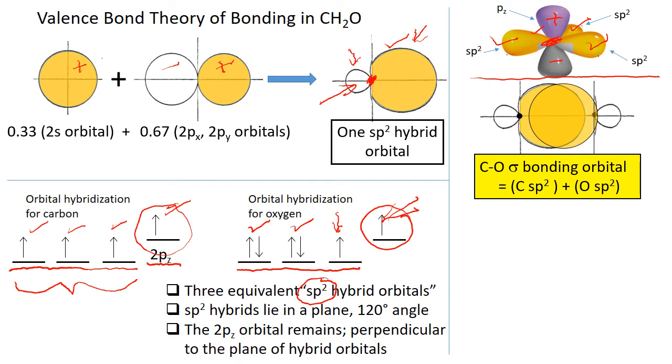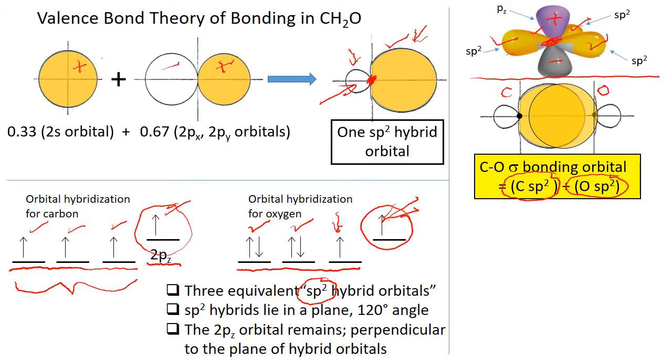I have first a single bond, which is formed by combining one of the carbon sp2 orbitals overlapping with one of the oxygen sp2 orbitals. That overlap means that these two sum together to form a bonding orbital. So in this example, the carbon atom would be here, the oxygen atom over there. So that defines one of the bonds of my CO double bond.